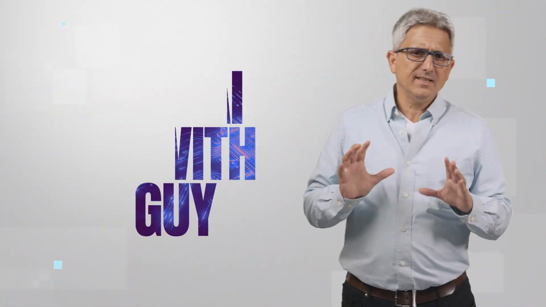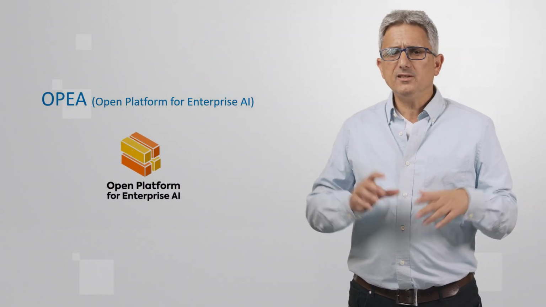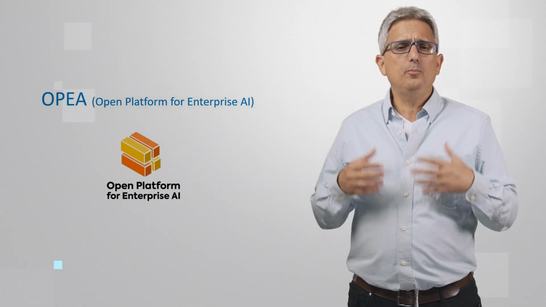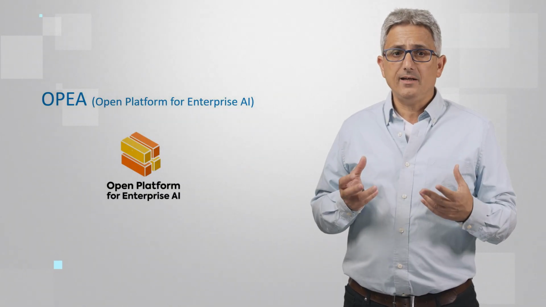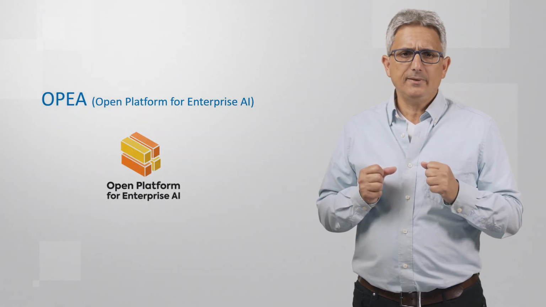It will take me 5 minutes to show you how to build a real commercial RAG system that can run on multiple AWS instances. The right way to build a commercial GenAI application is using OPEA. OPEA, the Open Platform for Enterprise AI, provides the building blocks to build GenAI applications.